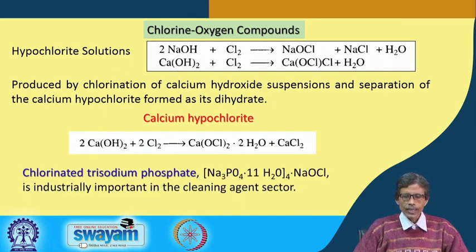Then we see that the water of hydration and water of solvation are very important during crystallization. During that crystallization process, the solvent molecule, the acid molecule, the water molecule can be co-crystallized with the parent crystals.